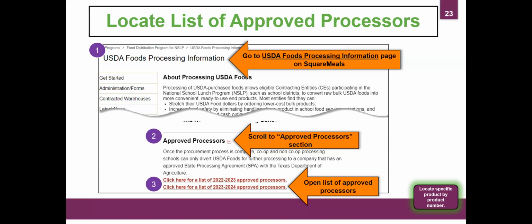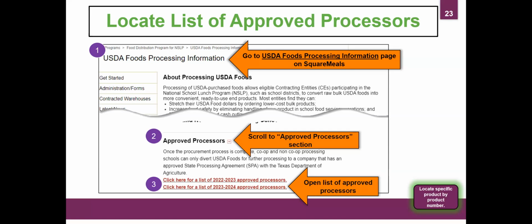And within that web page, there is a link for the approved processors. If we scroll down, once we go to processing information, and I think I'll go through this and then I'll go back and show you guys where it's at, you can go down and TDA has listed all of the approved processors for 22-23 and 23-24.